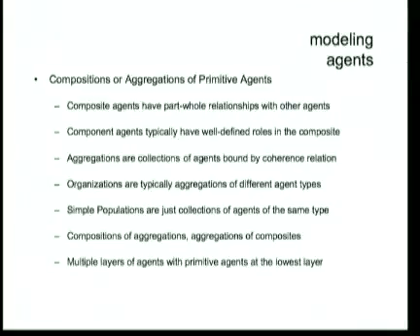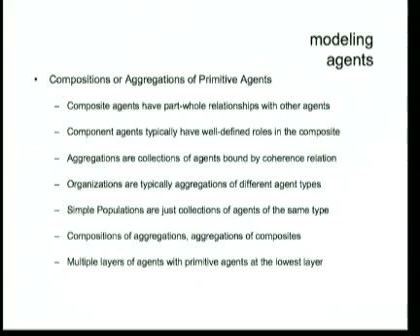So they would be component agents that have a well-defined role. And if your job was to understand the interactions among different departments in a higher level organization, you might model each department with the primitive human agents, but also treat the department as a higher level abstraction, an agent in and of itself, which will interact with other departments.